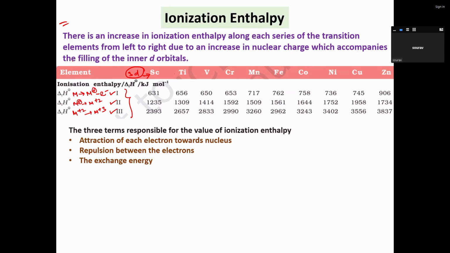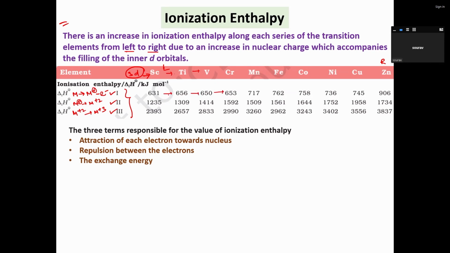Now, there is an increase in the ionization enthalpy along each series of the transition elements from left to right. Going from scandium to titanium to vanadium to chromium, the value increases. For scandium, the first ionization enthalpy is 631 kilojoules per mole, for titanium 656, for vanadium 650, and for chromium 653. So the value gradually increases.